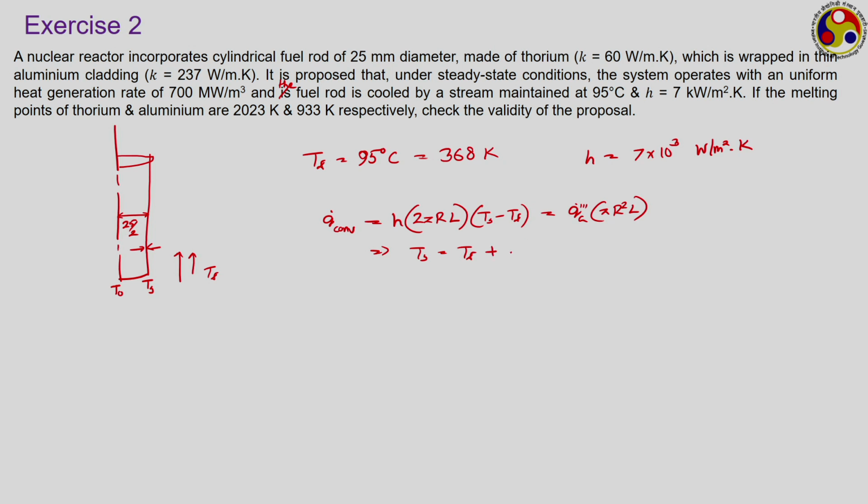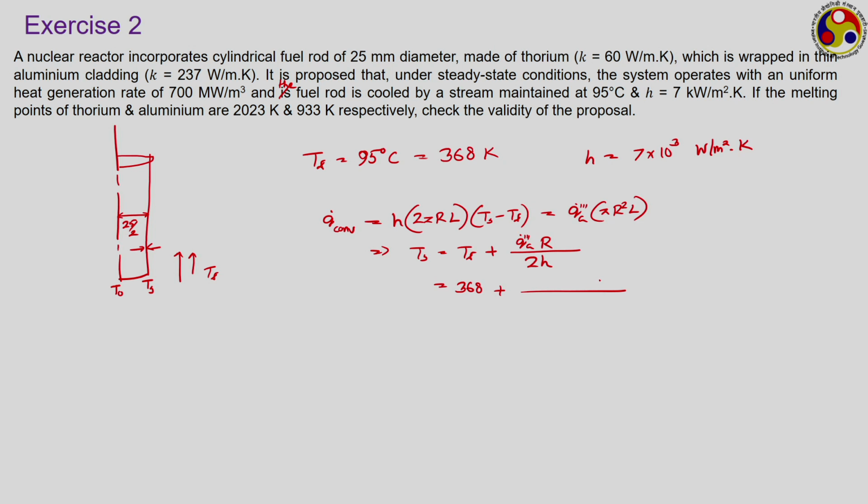plus q 0 triple prime into pi r L cancels out. So, we have an r left there and we have twice h here. Putting this in, you already know the value of T infinity, which is 368 Kelvin.